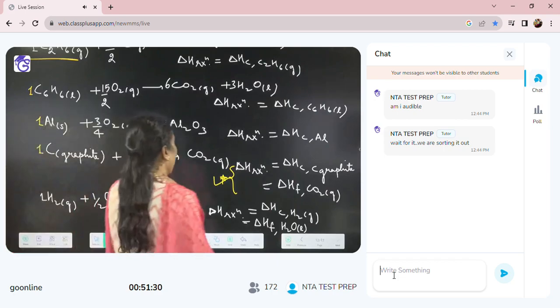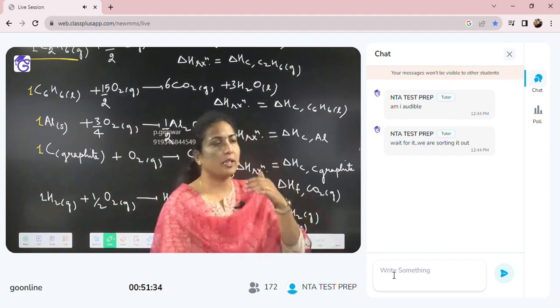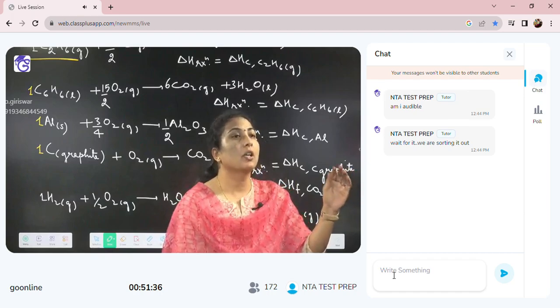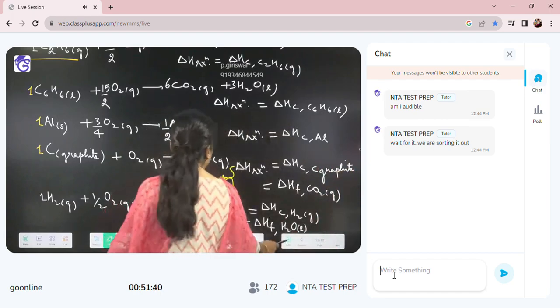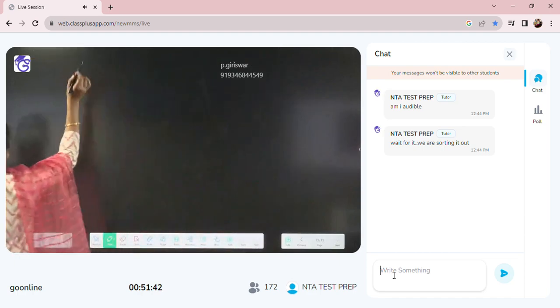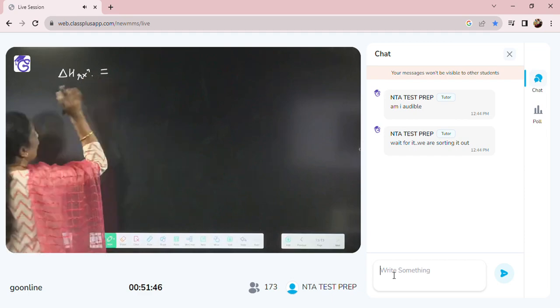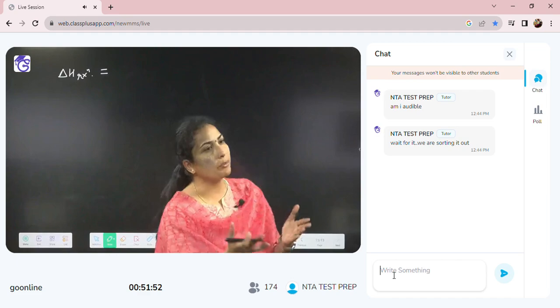Good. So why I am giving you practice of writing enthalpy of combustion or enthalpy of formation is, unless you know how to write down the reaction, you cannot proceed further. Getting it? Now, let us go for the next thing. I am writing delta H for the reaction. The same way we wrote the formula if enthalpy of formation is given, similarly enthalpy of combustion could also be given.